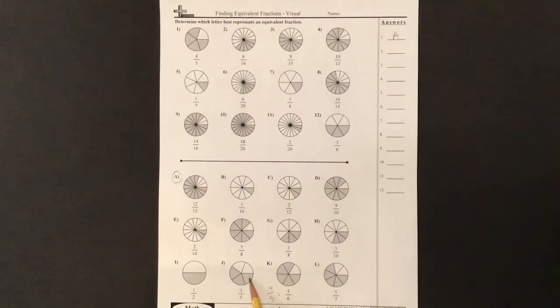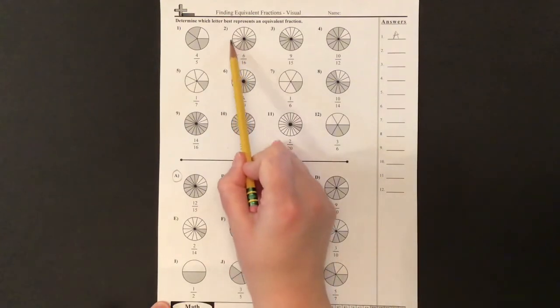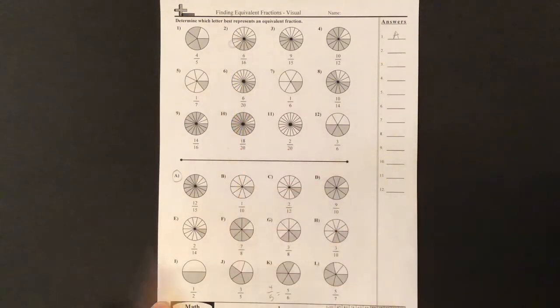Too much is shaded in there, too much and too much. So it comes down to G and H. I think I'm going to look at the pieces that are not shaded in, and those look to be about the same amount. That's a little bit bigger. So visually, I can tell that 3/8 is equivalent to 6/16.